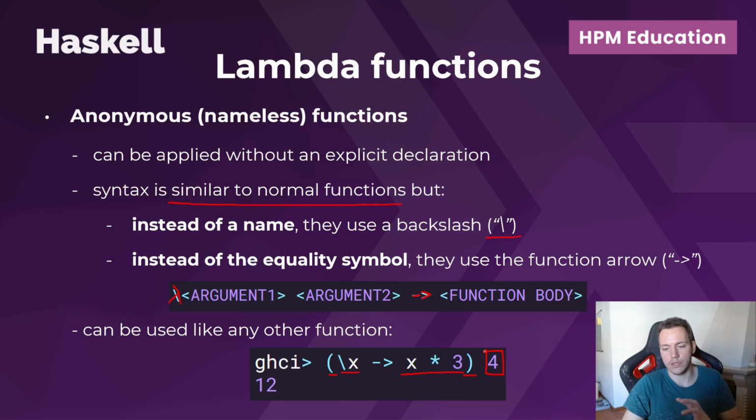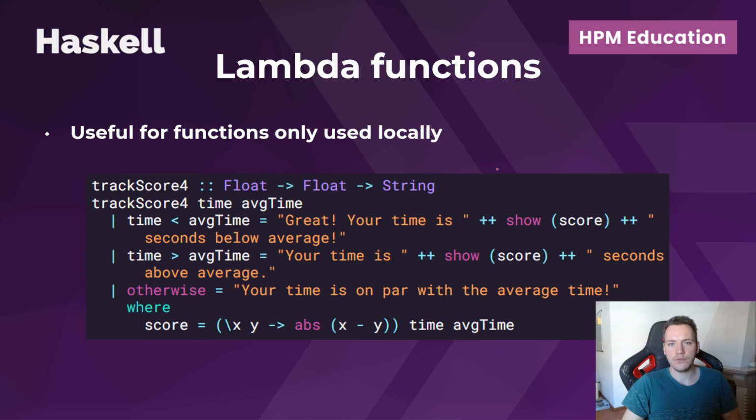So it's applied without an explicit declaration of the function first, as a nameless function. Lambda functions are used when we need a function, but we're only going to use it locally. So it's only going to be used in another function, and we don't need to declare it. We're not going to use it again.